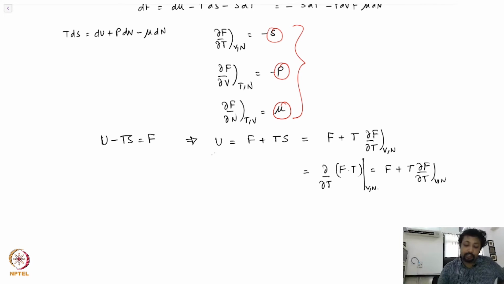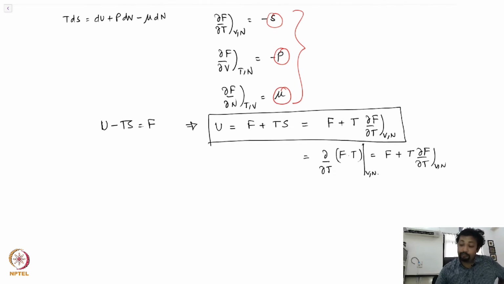But one can just calculate the internal energy as a function of U. And once you know the internal energy and you know the entropy, you can eliminate the forces to reconstruct back U as a function of S, V, N. So this is always the trick that you play.